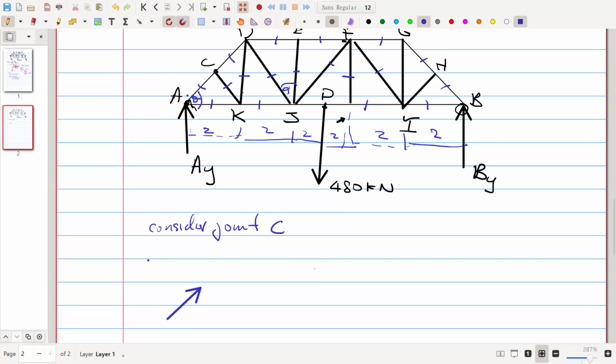So let's draw in CD. We're going to assume that CD is in tension. Not getting a straight line right there. So CD there. And then the next one is CK. We're going to assume that that one is also in tension.